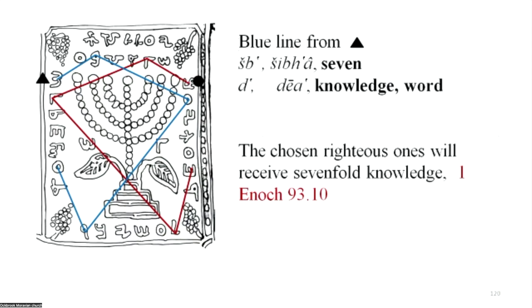Now here, the lady of the tower's mirror image is this word for seven, or seven and then sevenfold knowledge. And the prophecy prediction in Enoch, the chosen righteous ones will receive sevenfold knowledge. Sevenfold knowledge is linked to the lady of the tower.